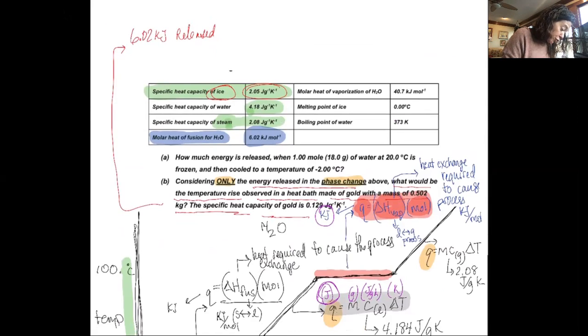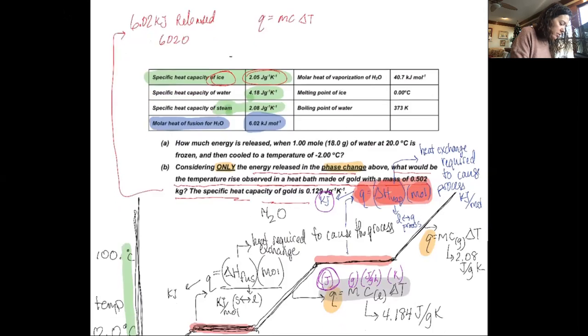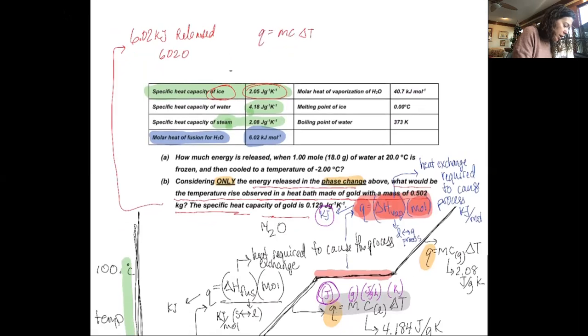What would be the temperature rise observed in a heat bath made of gold with a mass of... So this is 6020, right? We're going to use Q equals MC delta T. I know they're talking about MC delta T, guys, because they're asking for how much the temperature will rise. So I'm going to get the change in the temperature, right?